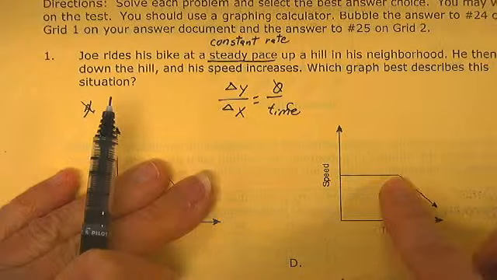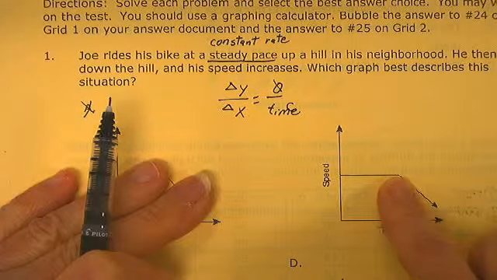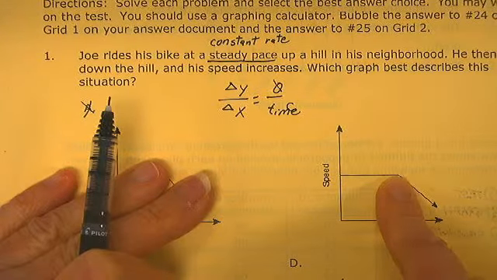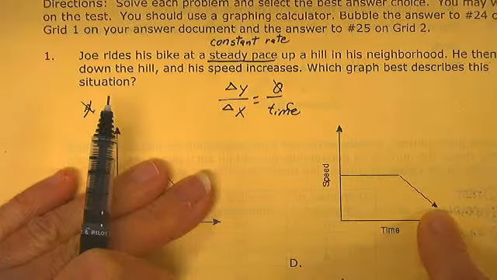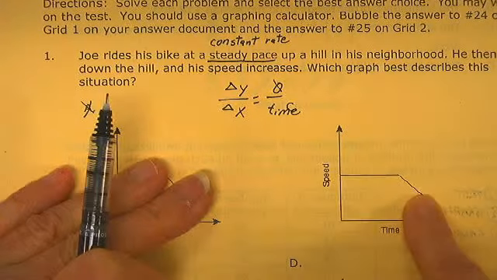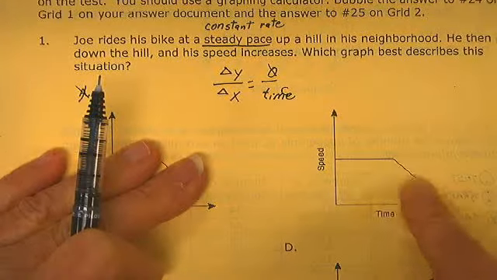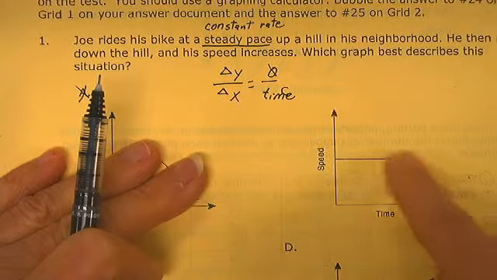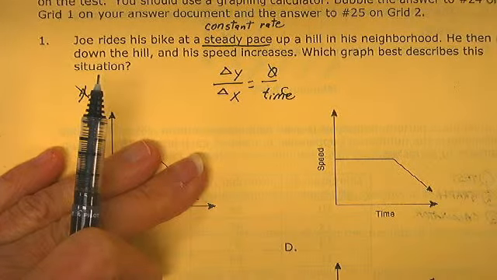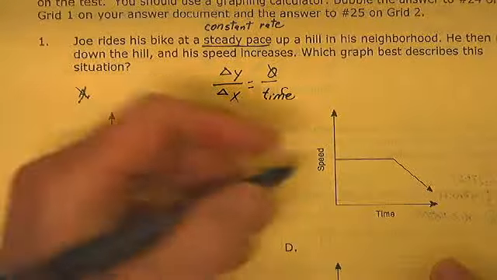Constant rate, steady pace. He then rides down the hill and his speed increases. Well, this looks like down the hill, but no. He's slowing down here. The speed is going down.